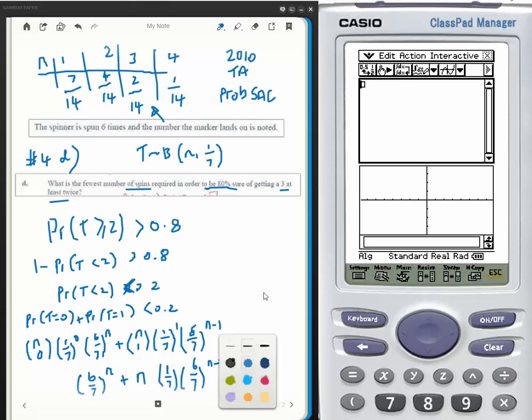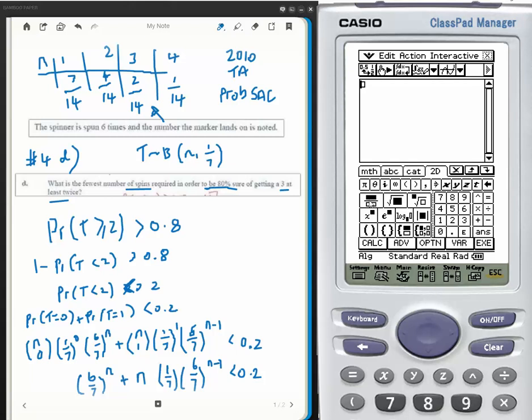I can do this a couple of ways. I'm going to jump onto the calculator. On the calculator, enter this, and I could look at a table of values, I could graph it, or I could solve it. But I'll enter it first. So bring up the keyboard. I have fraction 6/7.